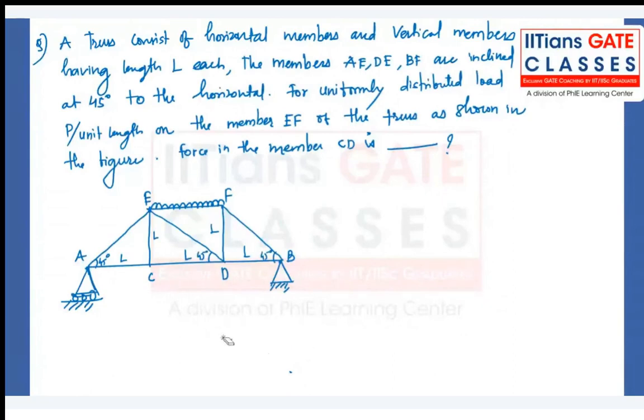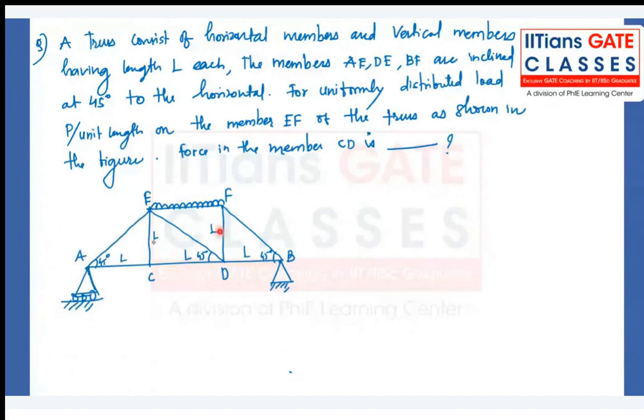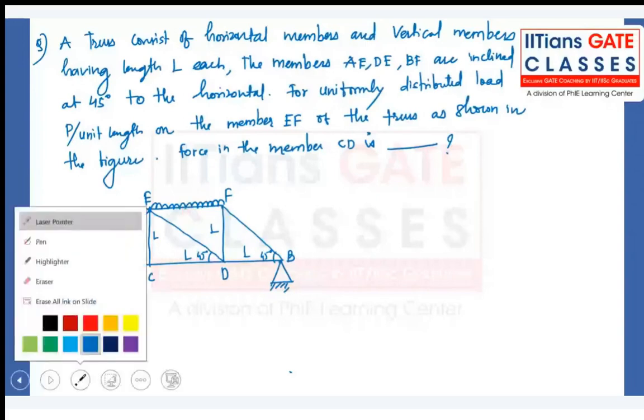The truss consists of horizontal members and vertical members having length L each. Look at this, all the horizontal members and all vertical members are of length L. The members AE, DE and BF are inclined at 45 degrees to the horizontal. You can clearly see this in the figure. And we have a uniformly distributed load of P per unit length.